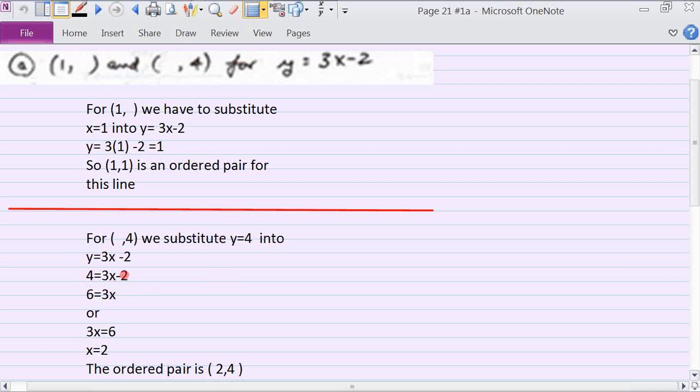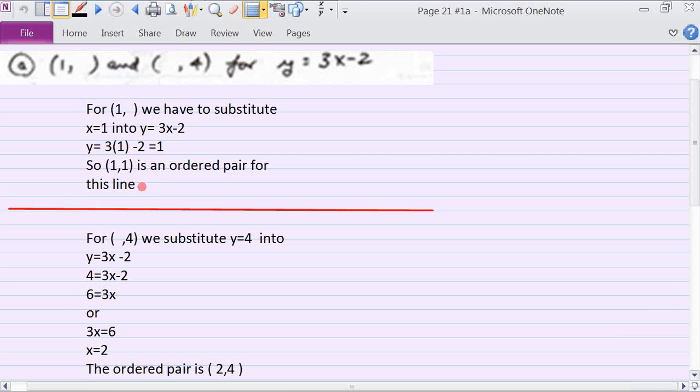So we transpose the minus 2 from the right side to the left, which means it becomes a plus 2. 4 plus 2 is 6. 6 equals 3x, or we could just reverse it and say 3x equals 6, in which case x equals 2. So when y equals 4, we have found that x equals 2.